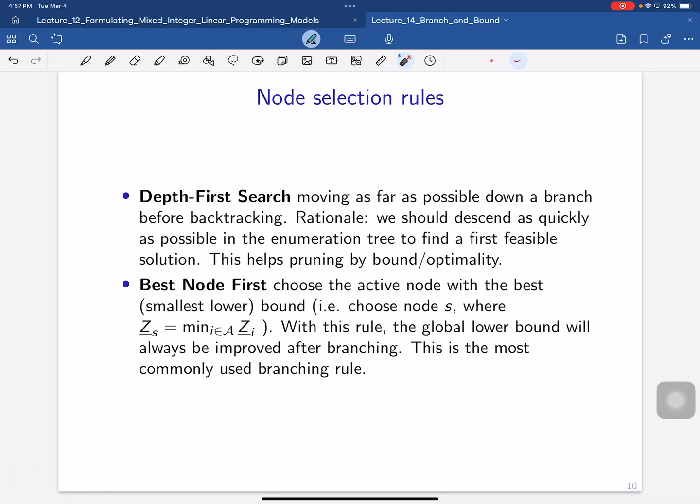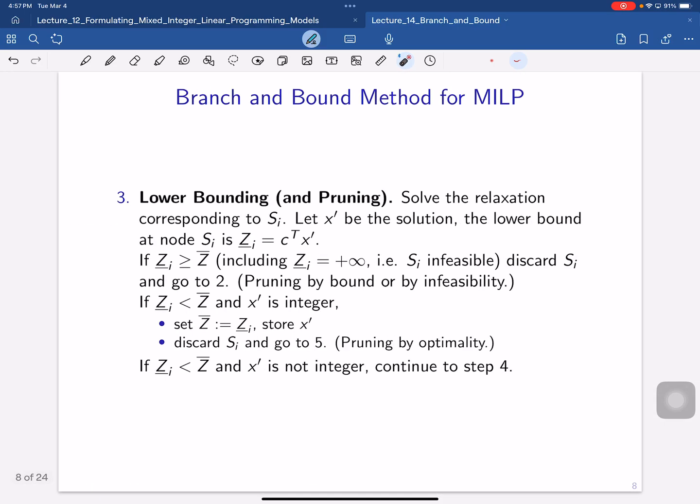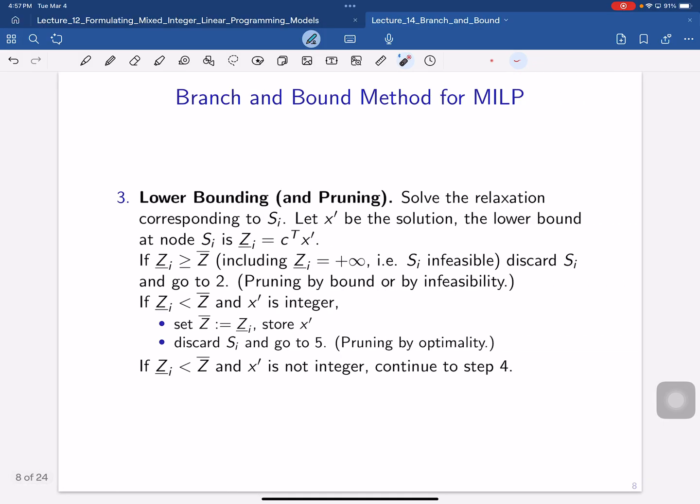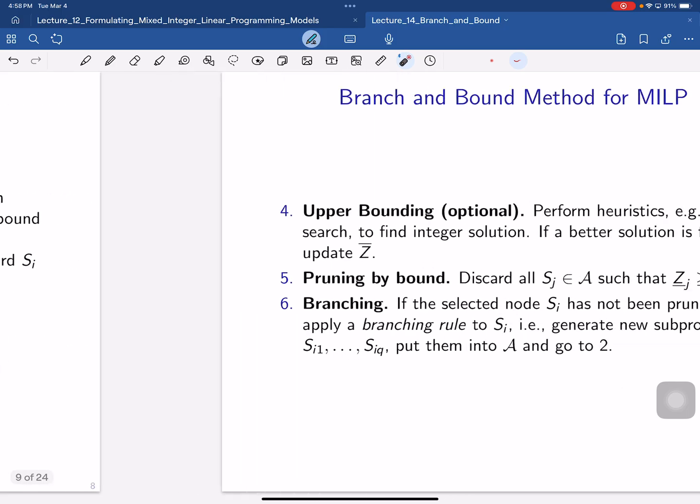Now, if you look at the pseudocode, there are two things we skipped. One is the so-called node selection rule. If you have many active nodes, which node should you select? Just like in this case, there are 3 nodes here. Which node should I select for solving the relaxation? The other thing is the so-called branching rule.